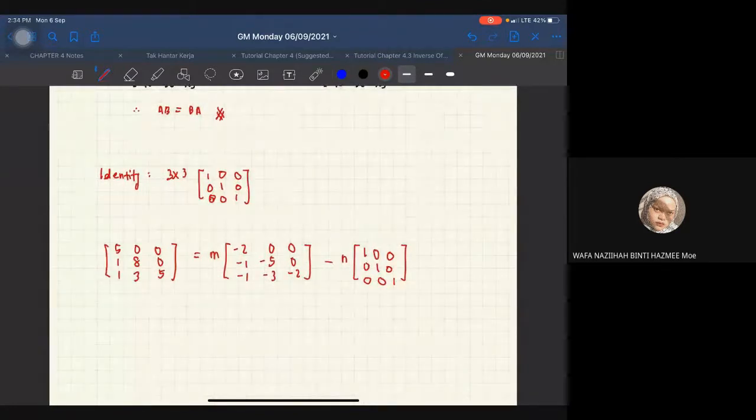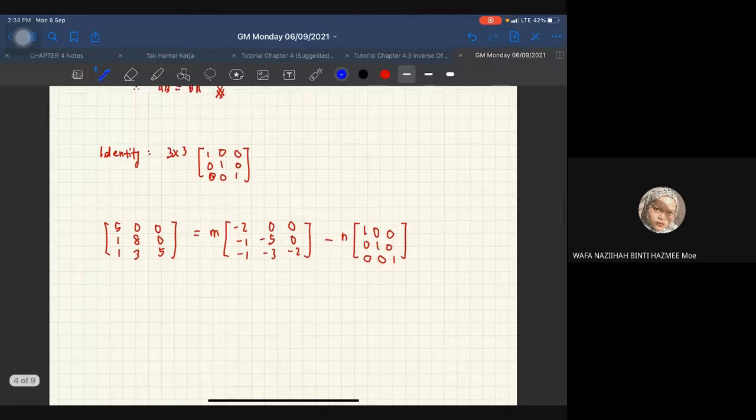Alright, so soalan minta kita cari M dan juga N. So kita ada 2 unknown yang kita nak cari. So bila kita ada 2 unknown, kita mesti ada 2 equation untuk kita cari. Okay, so awak kena hasilkan, kena wujudkan, kena cari equation tu. Okay, so apa yang awak boleh buat dekat sini is, so bila kita ada scalar darab dengan matrix, kita boleh expand masuk setiap scalar tu, setiap nombor tu bagi kat setiap elemen matrix yang ada.